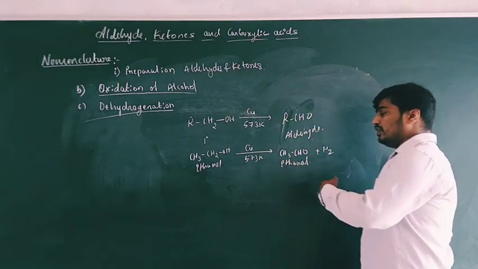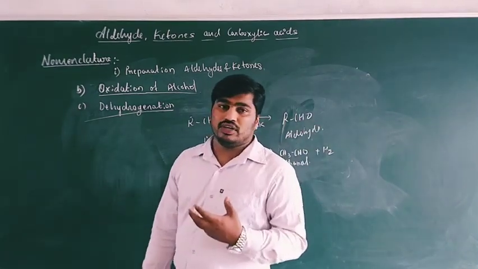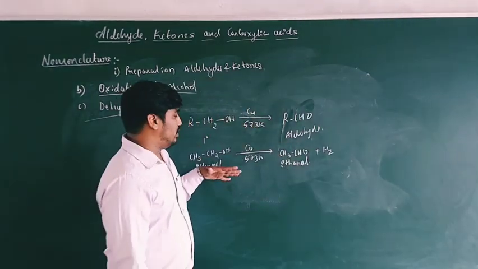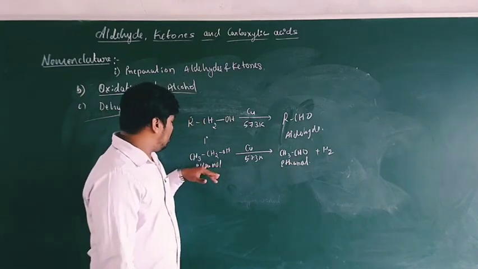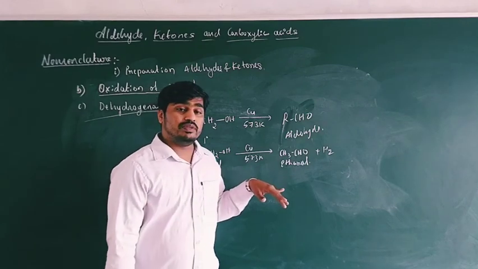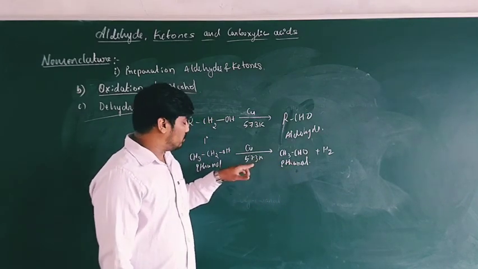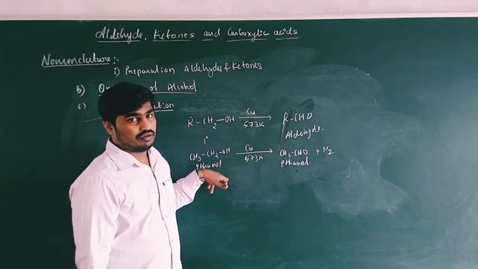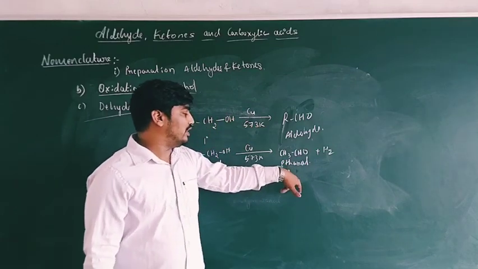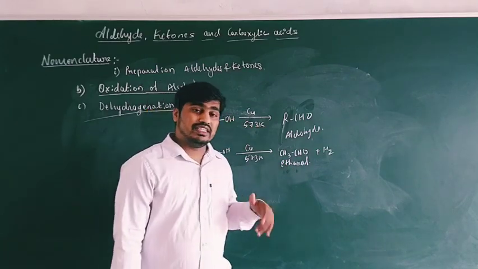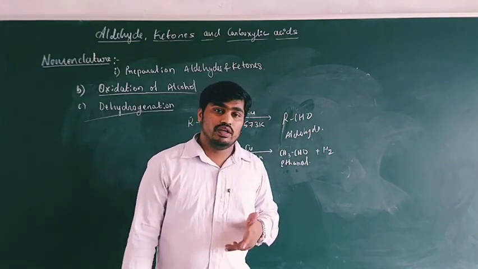Okay, ethanol to ethanal. There may be a possibility of a question on this category of reactions. What is the possibility? Prepare ethanal from ethanol. Which is the best way to prepare ethanal from ethanol? Or what is the product formed after the oxidation of ethanol?